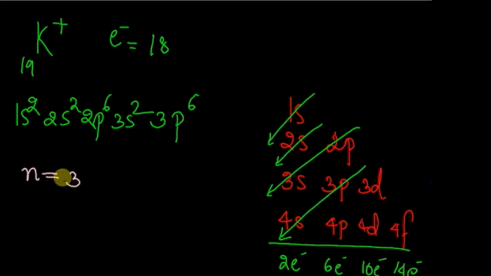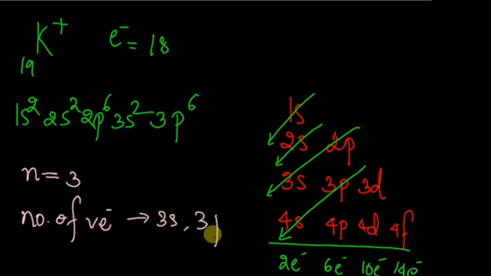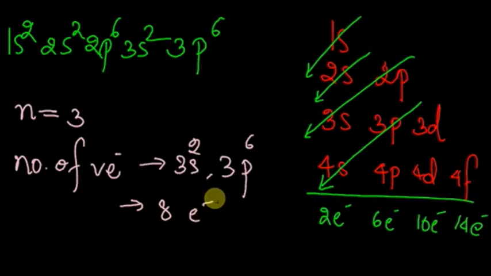So the number of valence electrons is found by adding the exponents of all the electrons in the valence shell. Adding the electrons in both 3s and 3p, which is 2 and 6, makes a total count of 8 electrons. This is also a complete octet, having the nearest noble gas configuration.